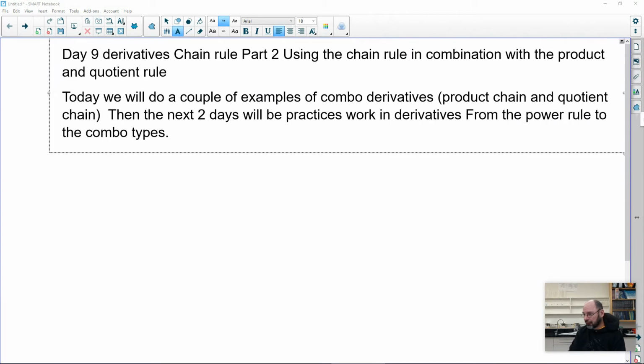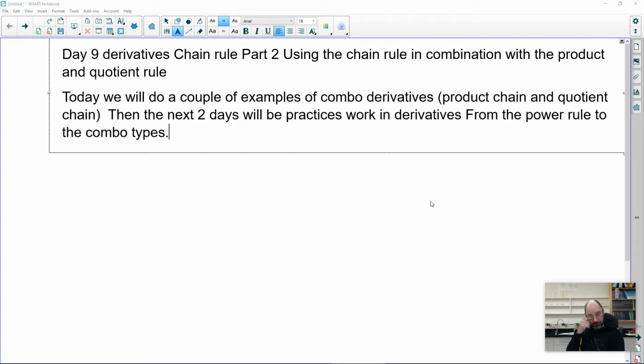Let's get that over on the other screen here. Today we're going to be looking at an extension of the chain rule, basically. So if you look up here, day 9, we're going to be using the chain rule with the product and quotient rule at the same time.